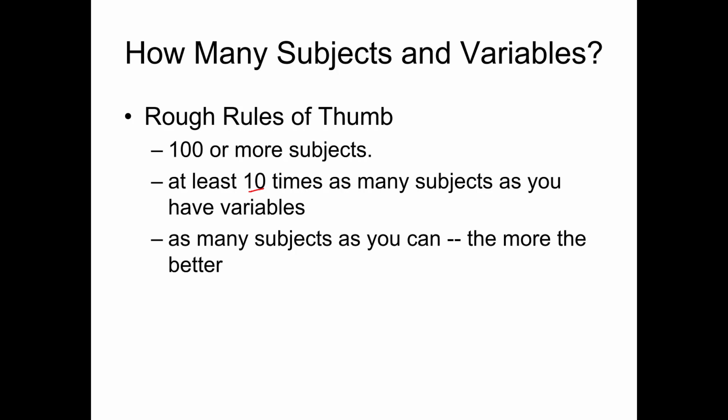So if you have a 10-item measure, you need at least 100 people for those 10 items. If you have a 20-item measure, you need at least 200 people. I've seen this number go from 5 to 20, but I'm saying 10 here. Basically you just need as many people as you can.